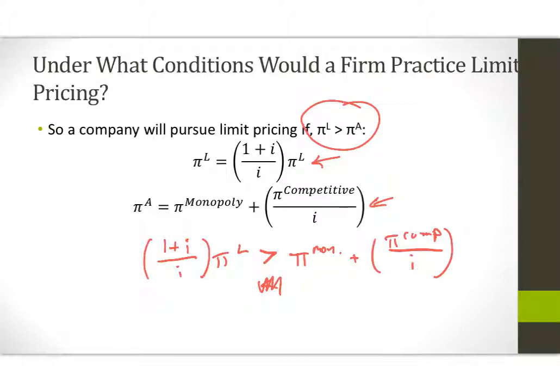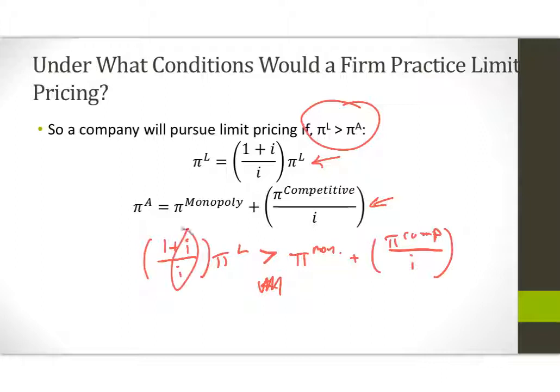They'll take the monopoly profit in the short run, and they'll just be happy with competitors in the long run. But if limit profit is larger and closer to monopoly, and especially if there's a bigger gap between limit profit and competitive profit, then it makes it more likely that they will limit price.